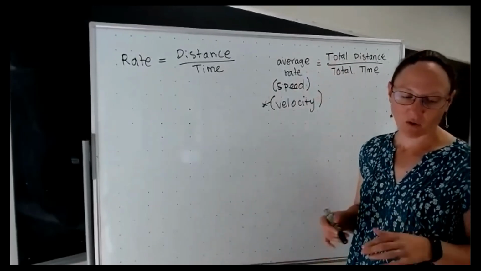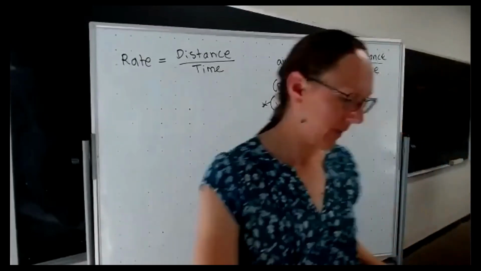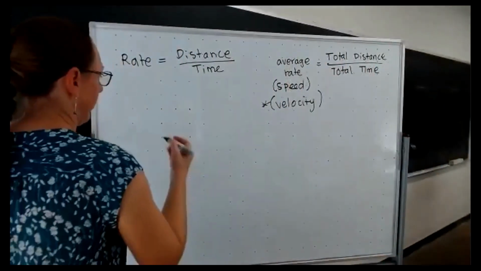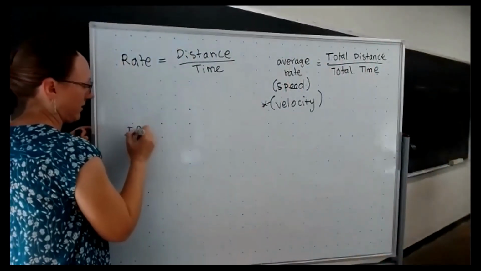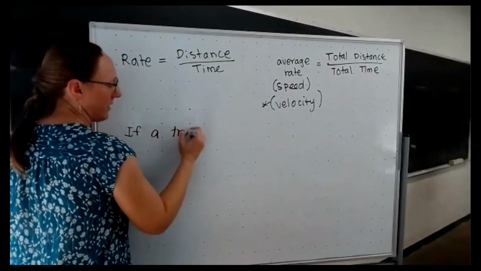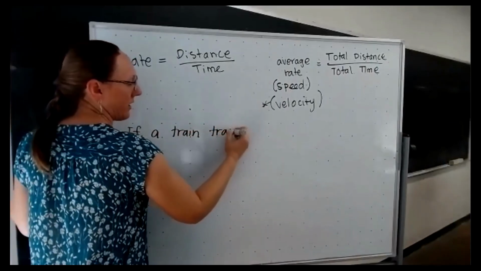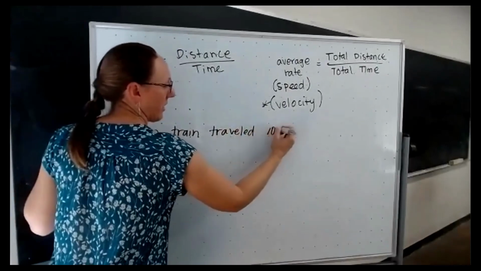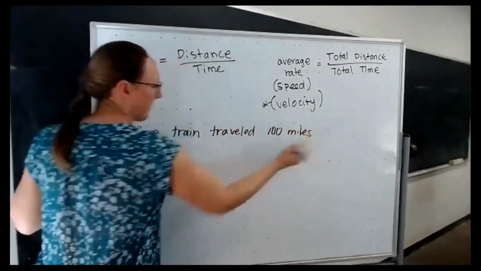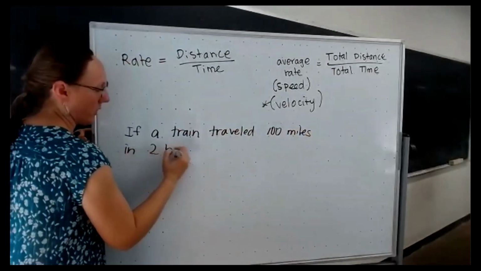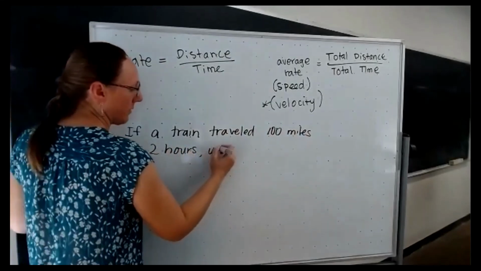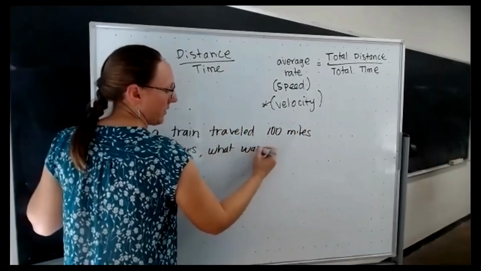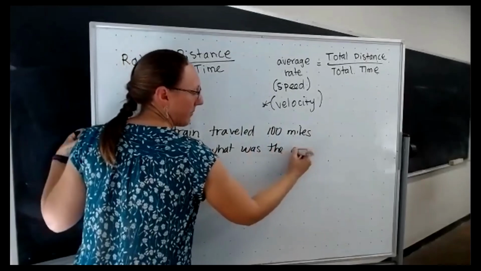So as an example, if a train traveled 100 miles in 2 hours, what was the average velocity?